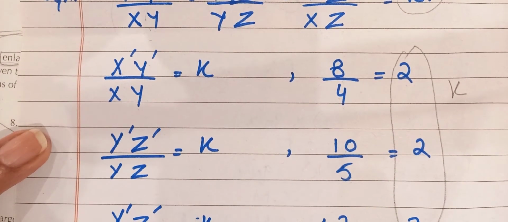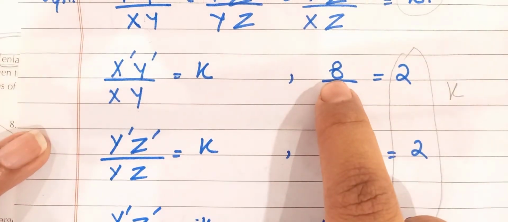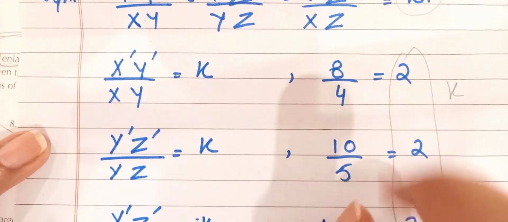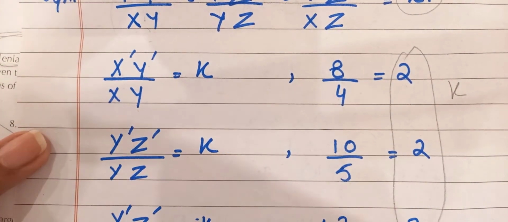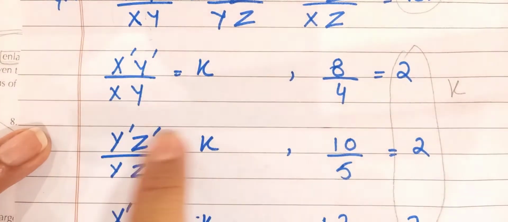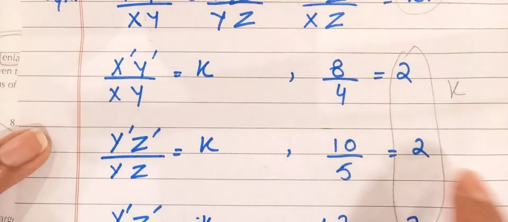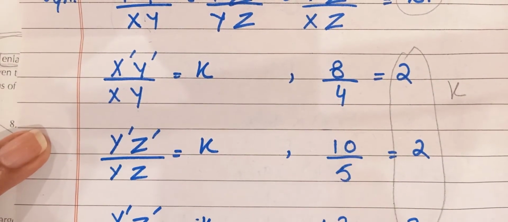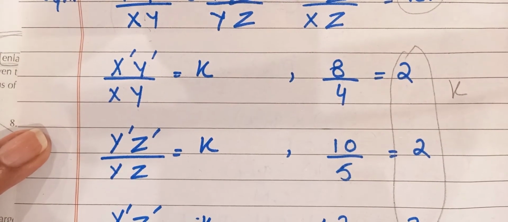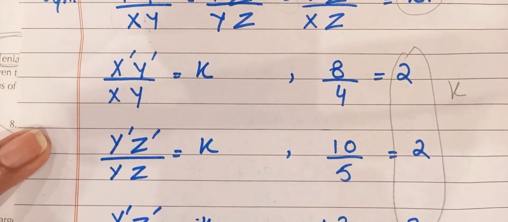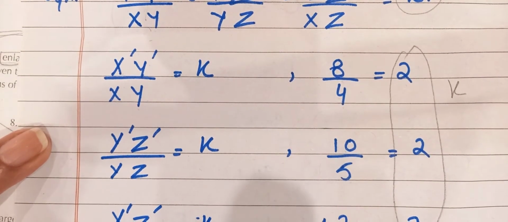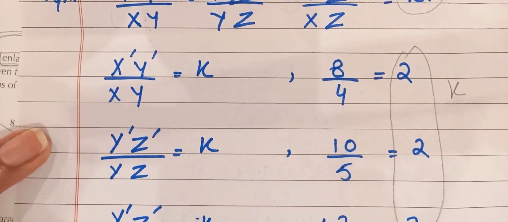I have placed these numbers myself, so when we divide them, they must give a constant. If they don't give a constant, then they are not proportional, and if they are not proportional, they are neither similar nor enlargements.